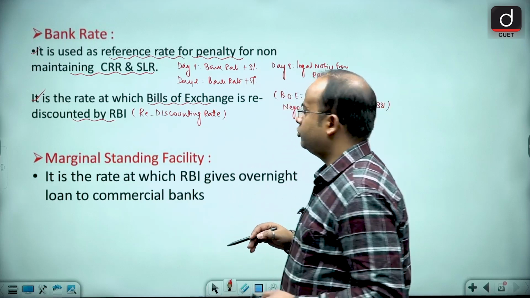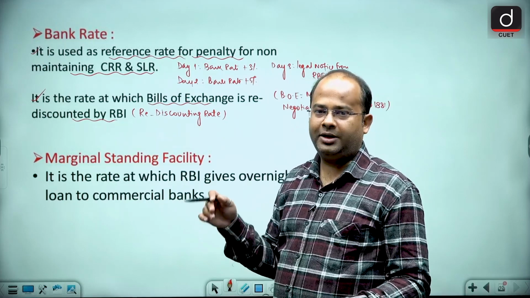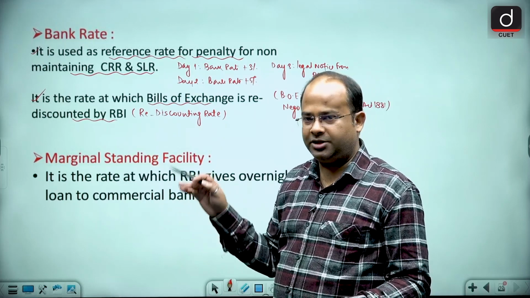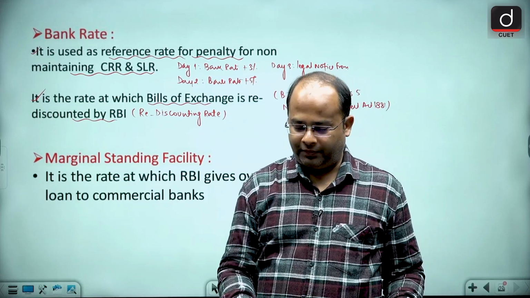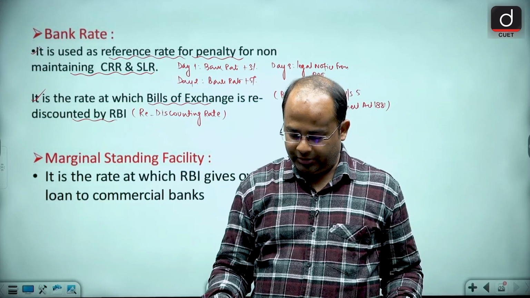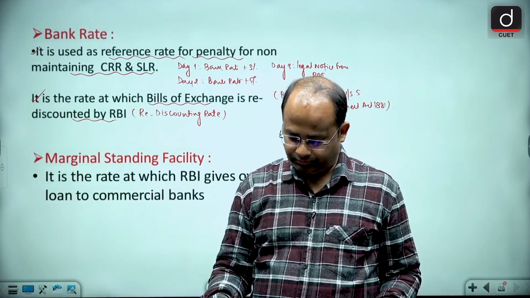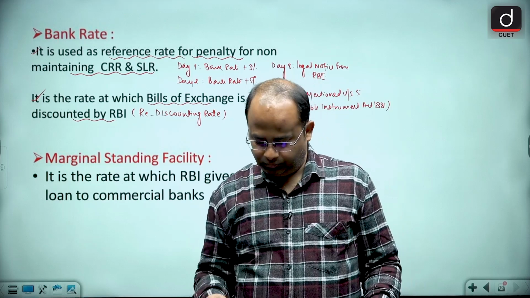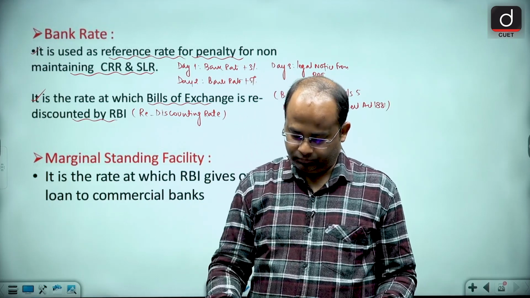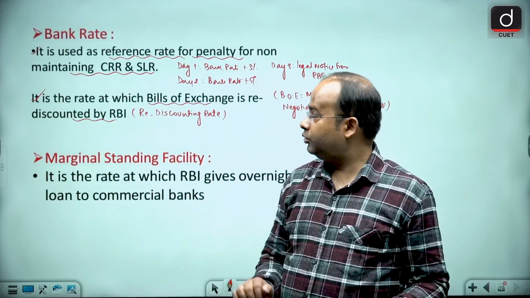And under the Negotiable Instrument Act, we have 3 negotiable instruments: bills of exchange, promissory note and check. So bills of exchange are mentioned in section 5 of the Negotiable Instrument Act. I hope it is clear to all of you.